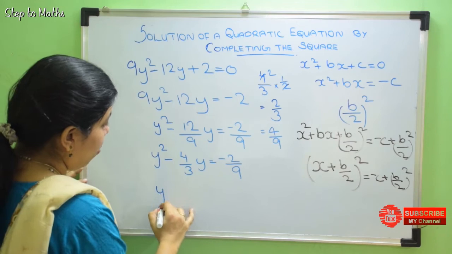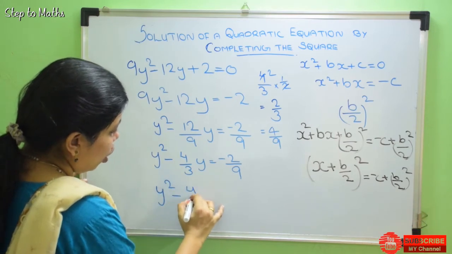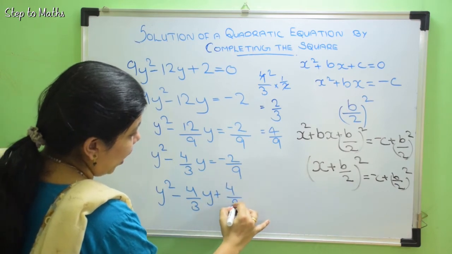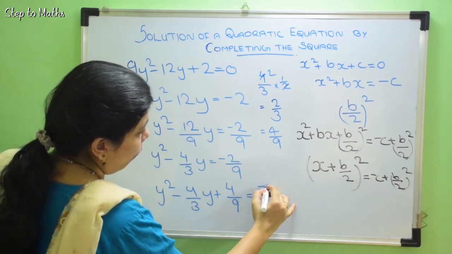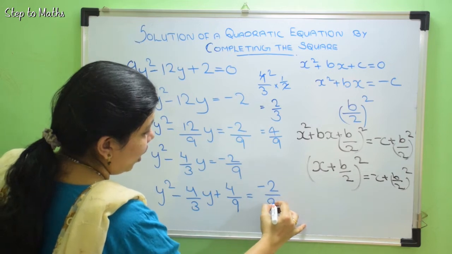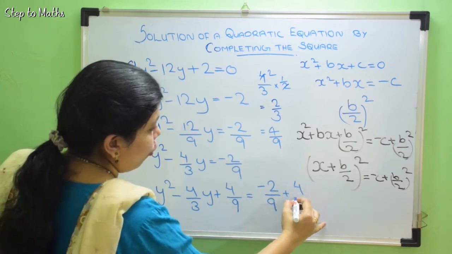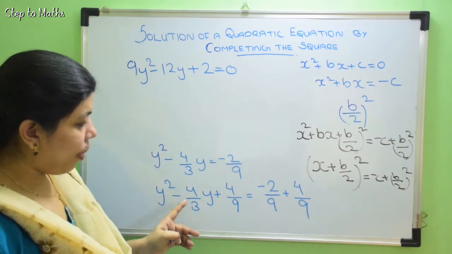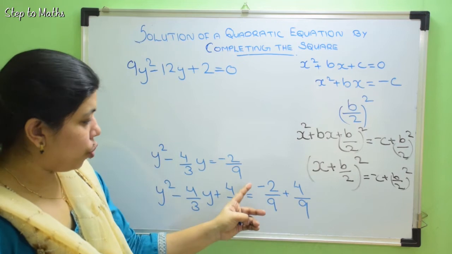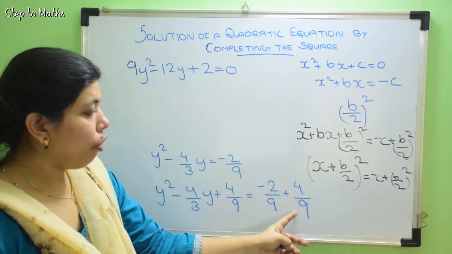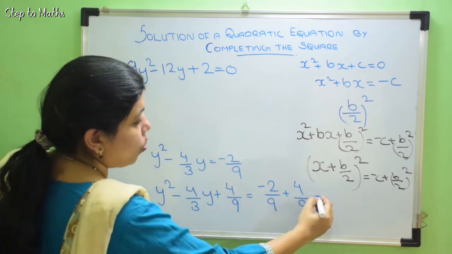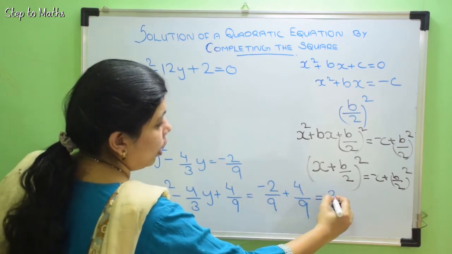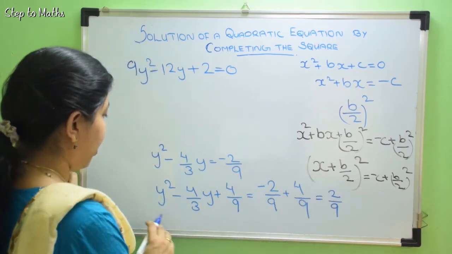Then the equation becomes y square minus 4 by 3 y plus 4 by 9 equal to minus 2 by 9 plus 4 by 9. This value is minus 2 plus 4 is 2, that is equal to 2 by 9.